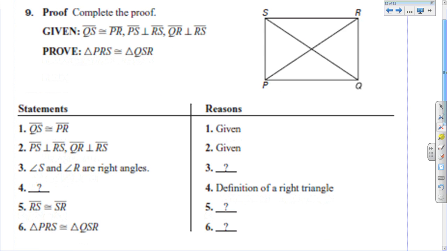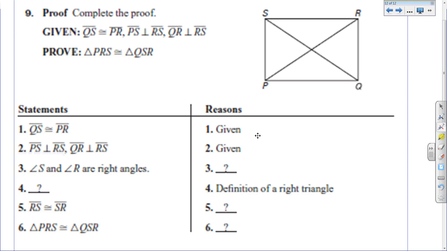Complete the proof. QS is congruent to PR, that is given. PS is perpendicular to RS, and QR is perpendicular to RS. Angle S and angle R are right angles. That is the definition of a right angle.